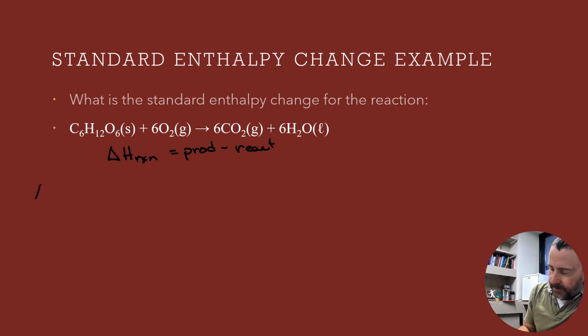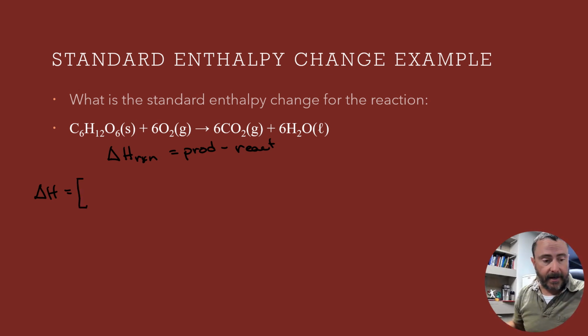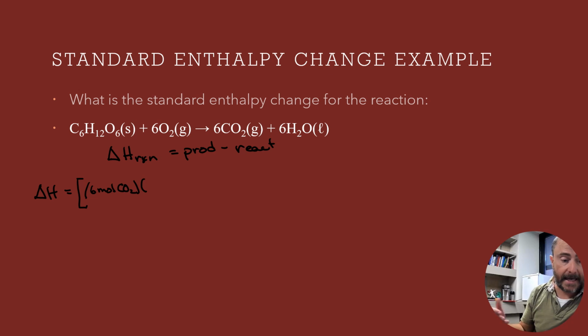So our delta H is, I'm going to start with one of my products, and I'm going to go with my carbon dioxide. I have the coefficient out in front of 6, so I'm going to put that in. I've got my 6 moles of carbon dioxide times the value that I look up for carbon dioxide, and we have to make sure that it's in the gaseous form, which is negative 393.51 joules per mole.